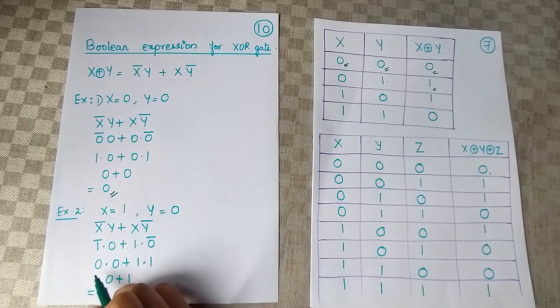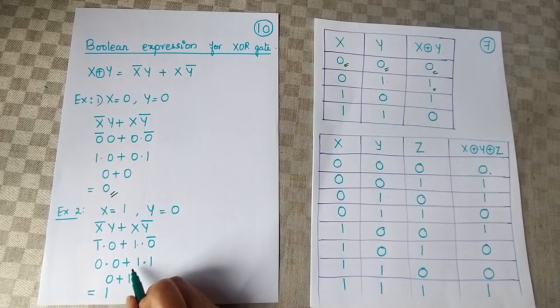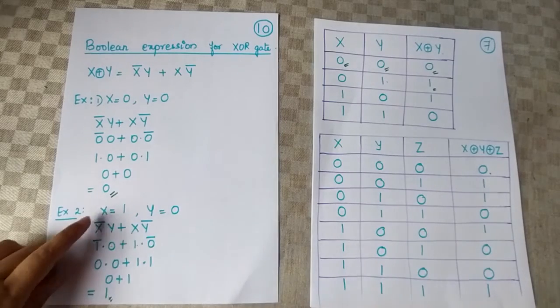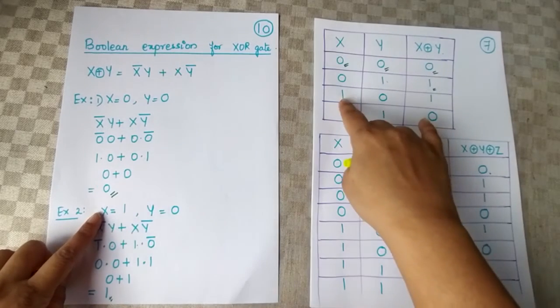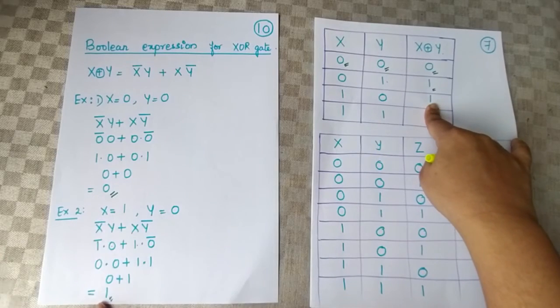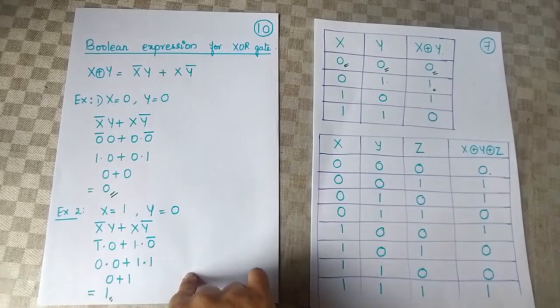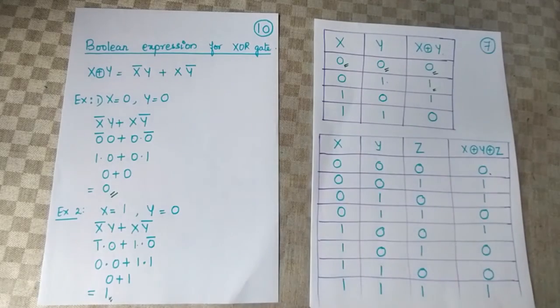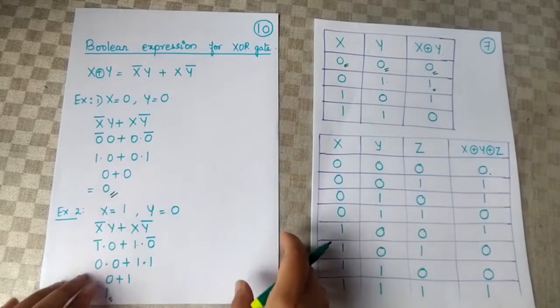Okay. 0 dot 0 results in 0, 1 dot 1 results in 1. So 0 plus 1 results in 1. For the input values 1 and 0, what is the resultant value? 1. So here also you are getting 1. So the Boolean expression and the truth table match.